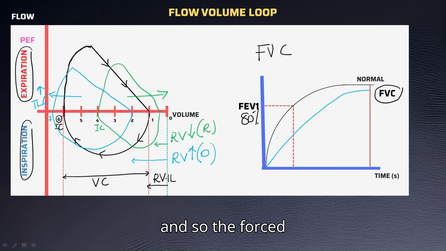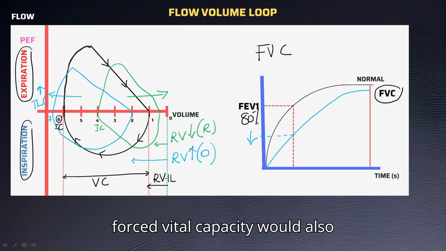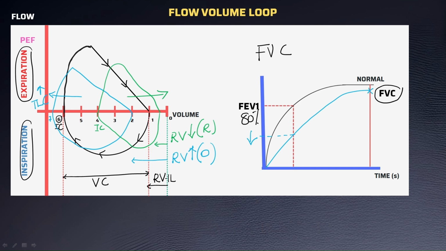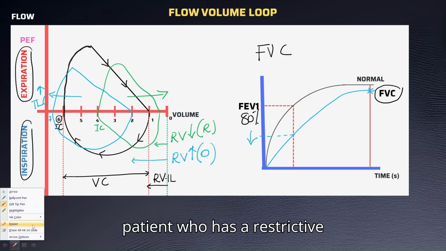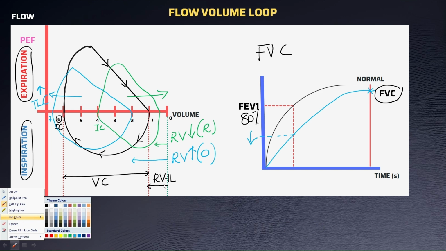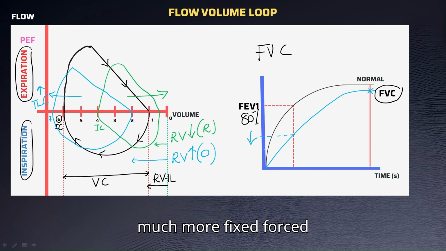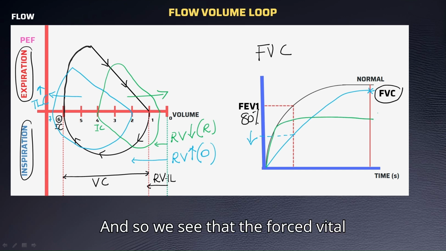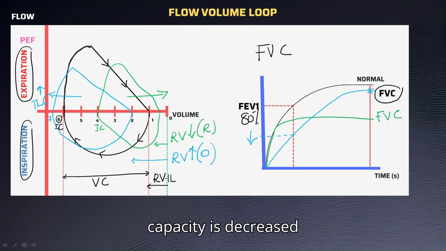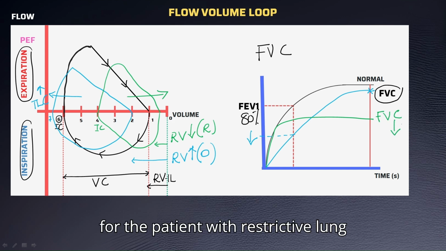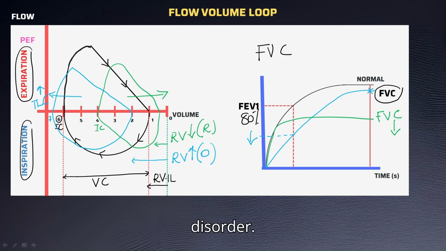And so the forced expiratory volume in 1 second will decrease, okay? And the forced vital capacity would also decrease. Now let us compare this to a patient who has a restrictive lung disease. They can actually have a much more fixed forced vital capacity. So they can have a diagram like this, okay? And so we see that the forced vital capacity is decreased for the patient with restrictive lung disorder.